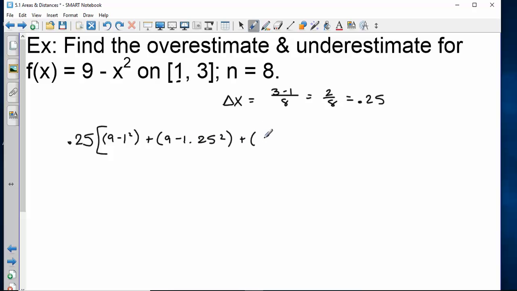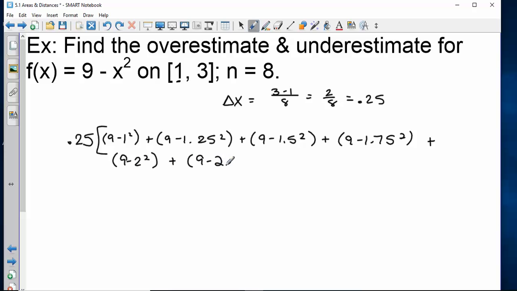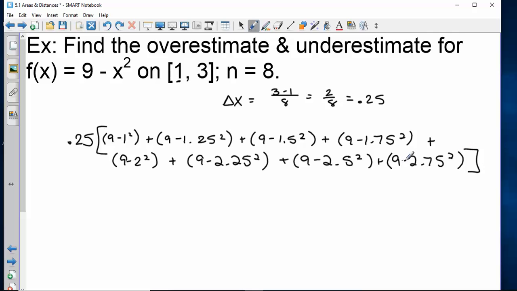Plus, add my 0.25. So 9 minus 1.5 squared. 9 minus 1.75 squared. Do you guys know where I'm getting these numbers? And I need to do this until I have a total of 8 of them. So the last one I'm plugging in is 2.75.